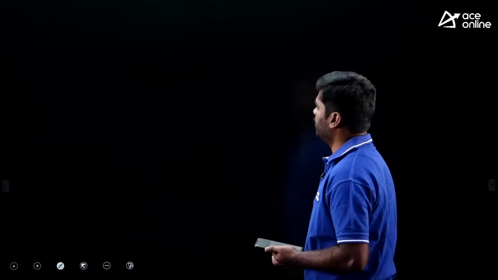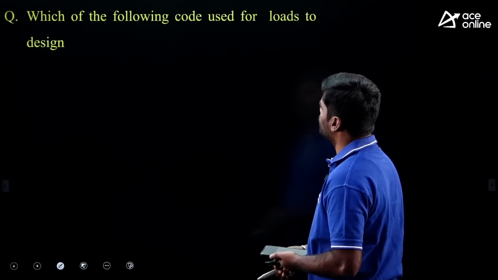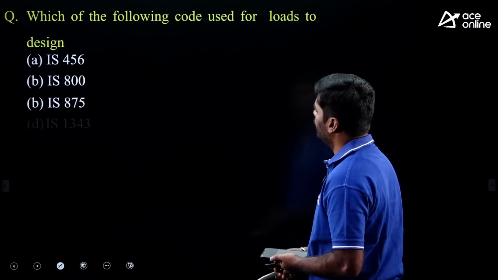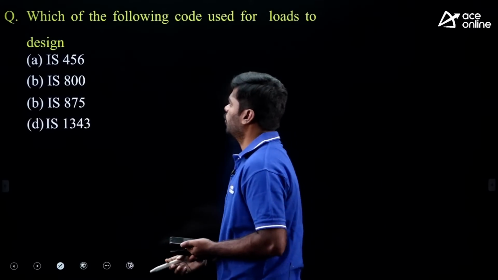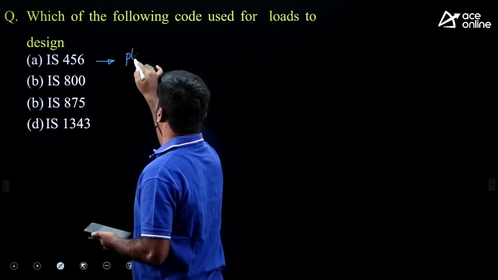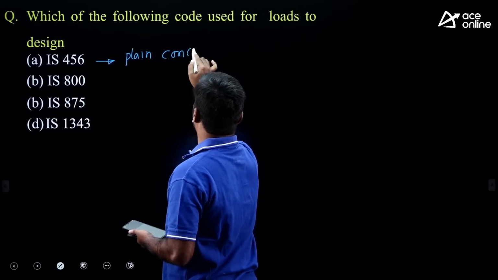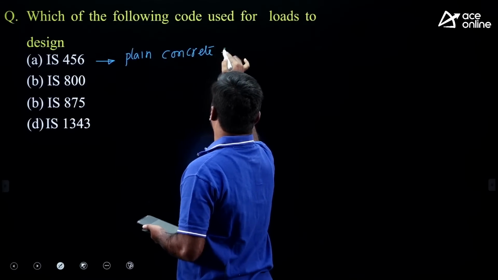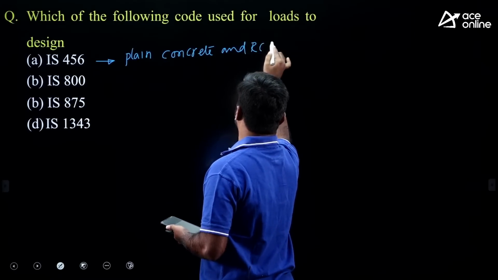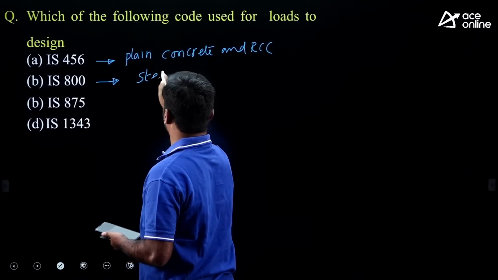Next question. Which of the following code used for loads to design? Options given: A, IS 456, this is for plain concrete and reinforced concrete, code of practice for plain concrete and reinforced concrete, RCC. IS 800, it is for steel design.